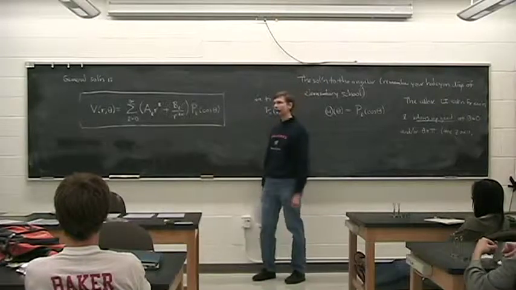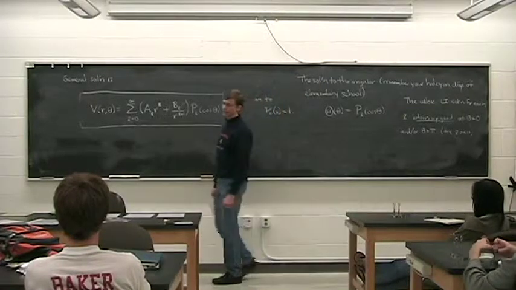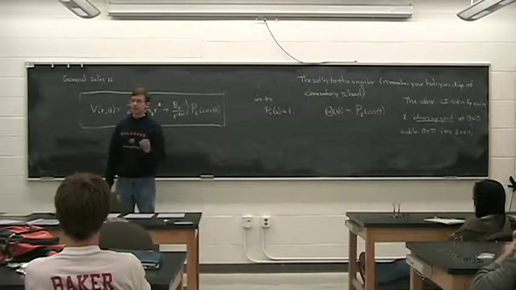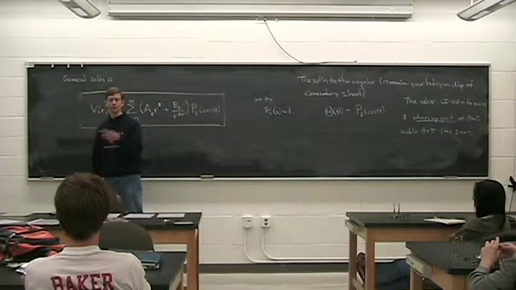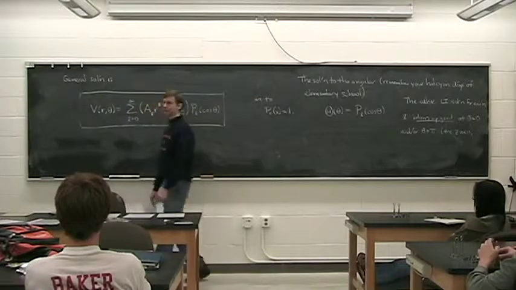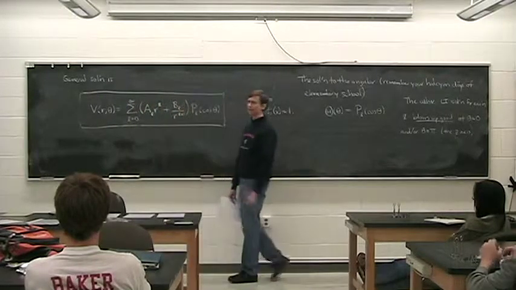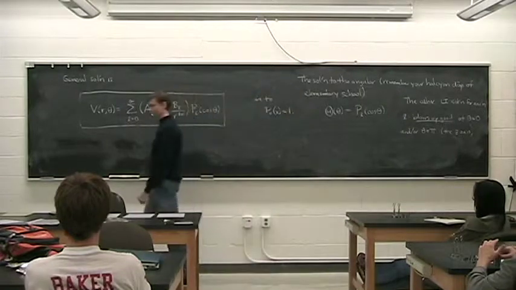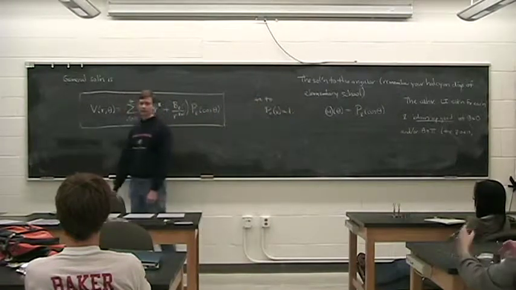If you integrate P_L of cosine theta times P_L prime of cosine theta, actually times sine theta d theta, because we're in spherical coordinates, so we're using the area element sine theta d theta, you get an orthogonality condition.